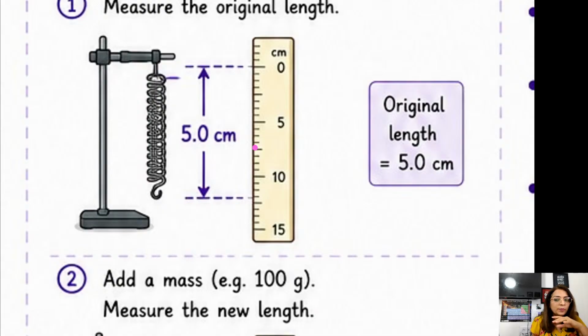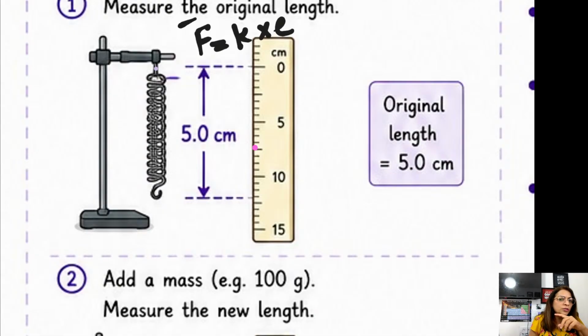Okay, so let's listen very carefully. You will be given a spring and they will ask you how force relates. There is a formula, force equals mass times acceleration, sorry, force equals K times E.